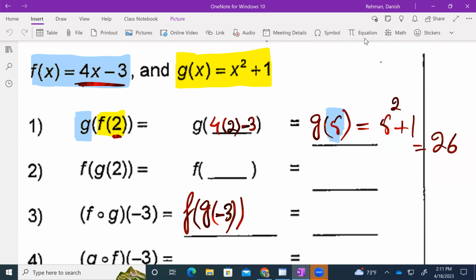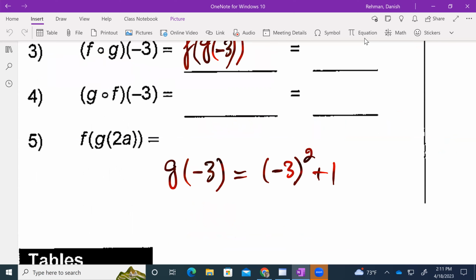When x is -3, I will take a square of that -3, and that will become a 9 plus 1, which is a 10. So 9 plus 1, a 10.